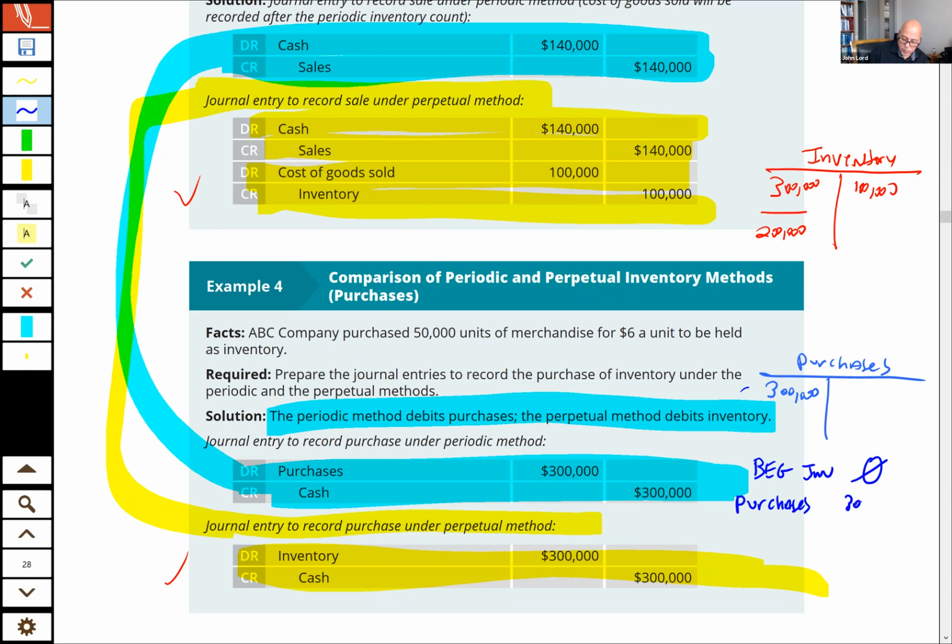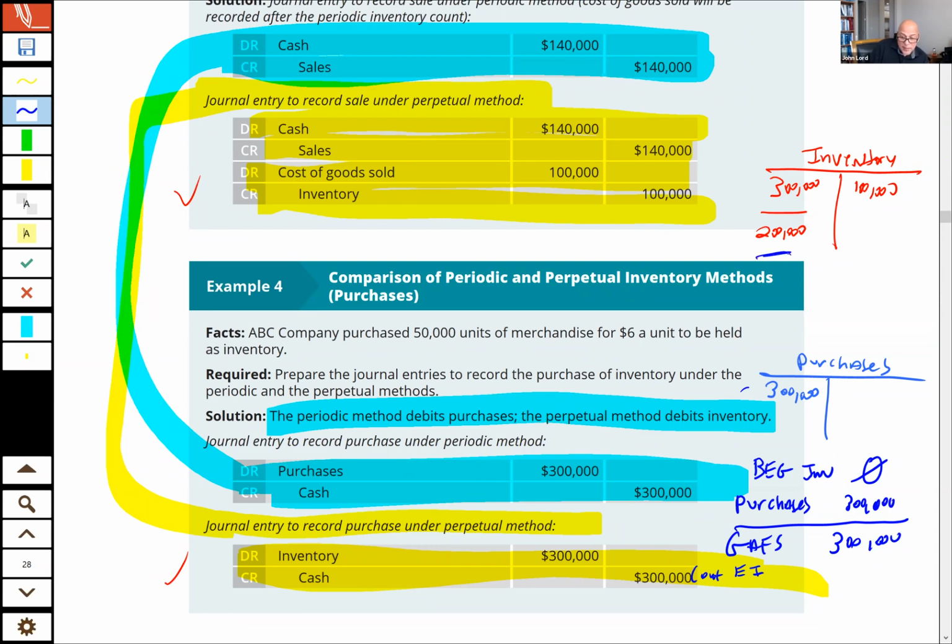My purchases are 300,000. This is the Catholic priest formula. My goods available for sale are 300,000. My ending inventory, I would actually have to count, wouldn't I? Okay, but since we're in a classroom here, or you're at your house, I'm at my house, I'm not going to be able to count the ending inventory.